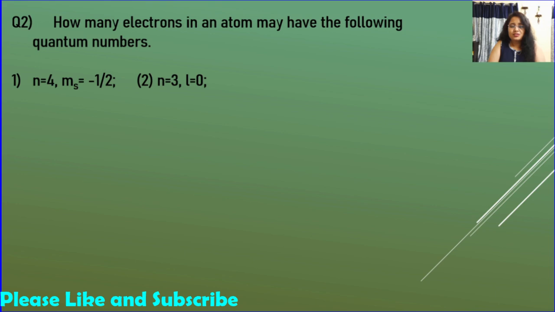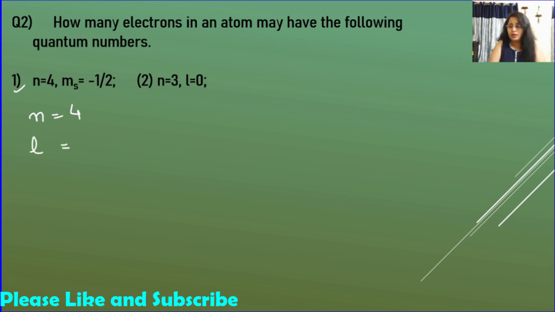The question is, how many electrons in an atom may have the following quantum numbers? So first part is n is equal to 4, ms is equal to minus 1 by 2. For solving this question, we need to write the values of all the three quantum numbers. If n is equal to 4, what are the possible values of L?